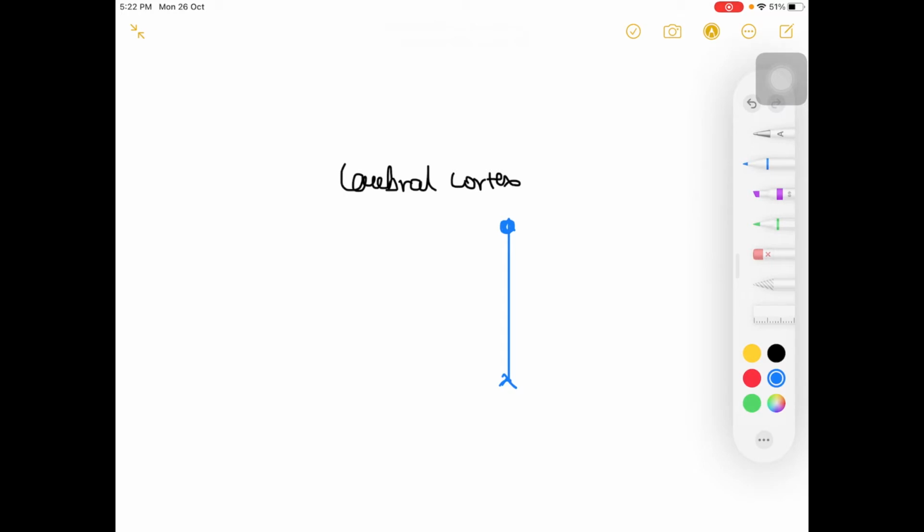This is corticospinal tract. Now again, what is this tract? Let's mention it. This is corticospinal. This is rubrospinal.